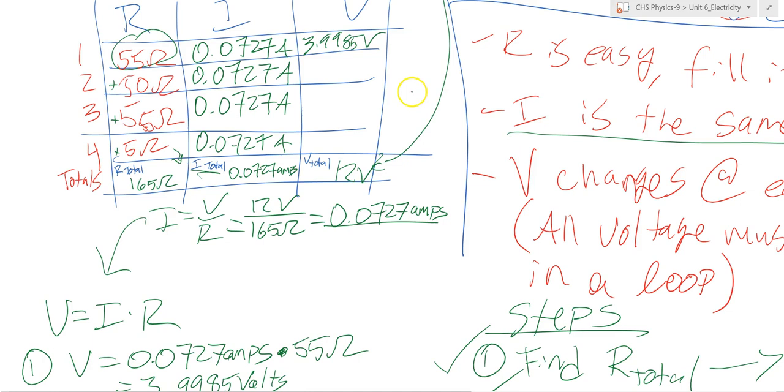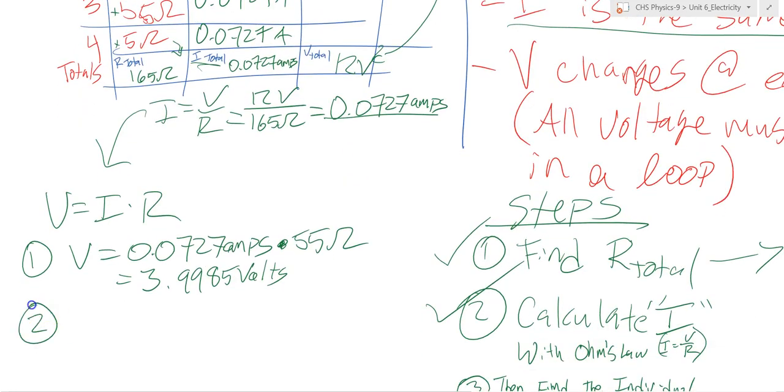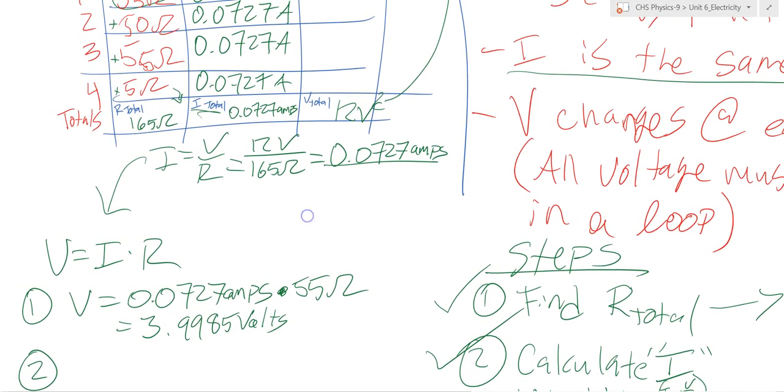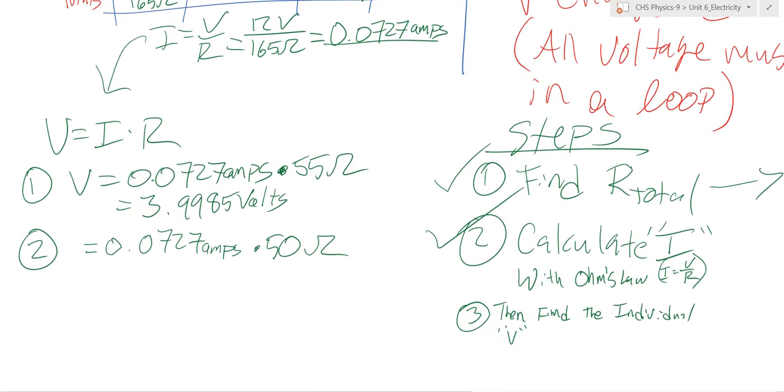Okay. And do the same thing for 2. I'm going to do 0.0727 amps times, sorry, not that voltage, that current. Not current either, resistance, 50.